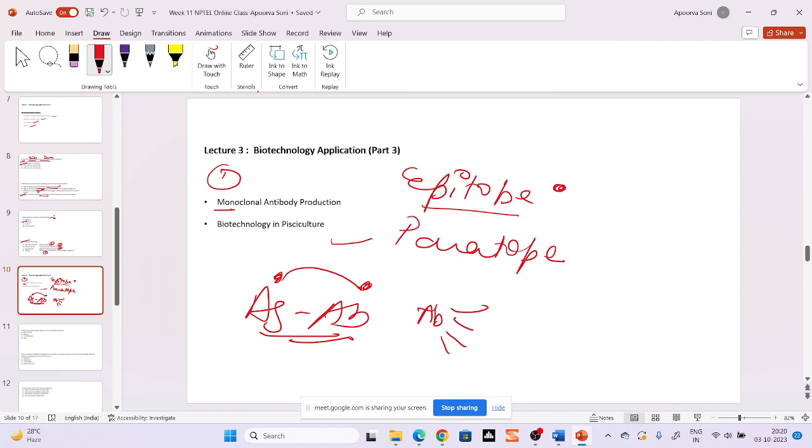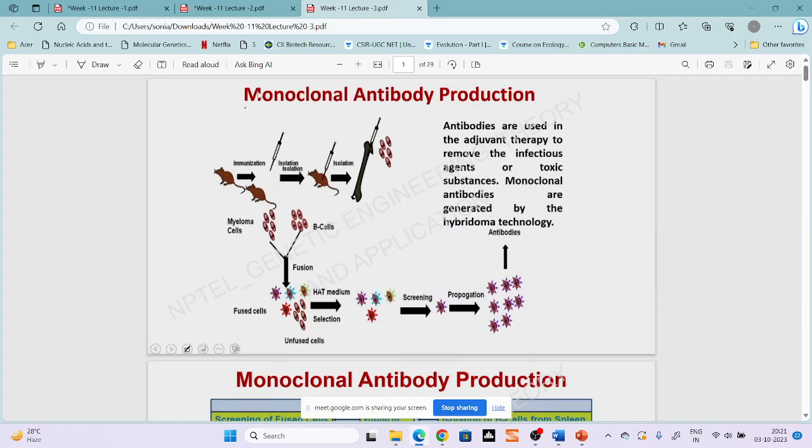So specifically, a monoclonal antibody is specific to just one type of epitope, whereas a polyclonal antibody is specific to a number of epitopes.